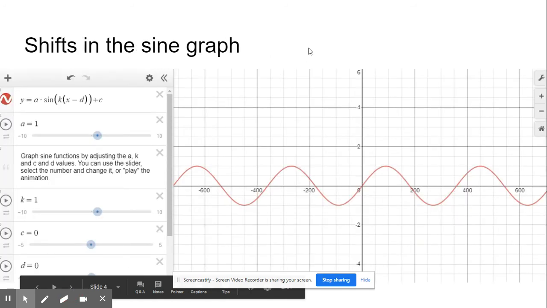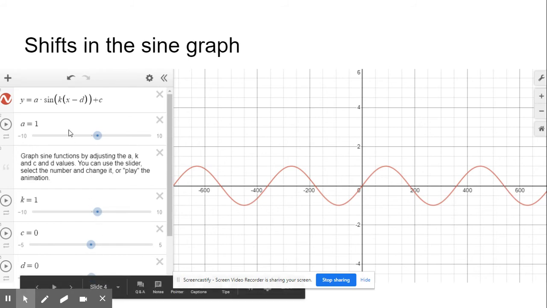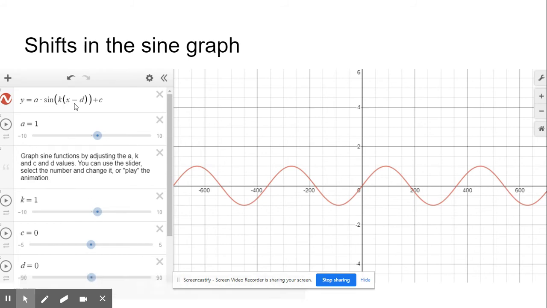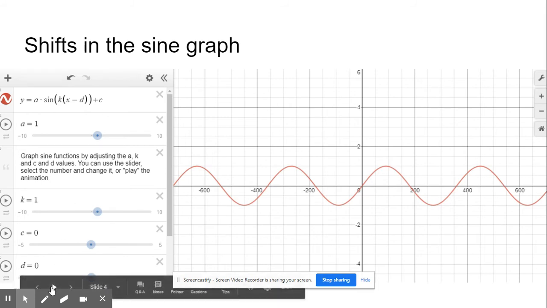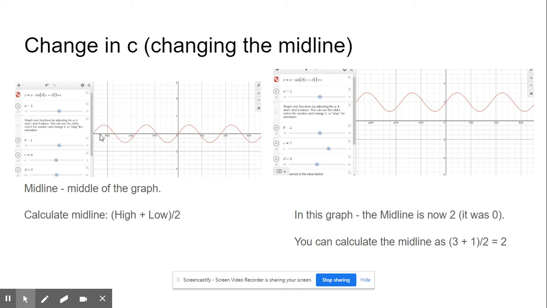So now we're going to explore some shifts in the sine graph. Here is your normal sine graph, where the maximum is 1 and the minimum is negative 1, and it's going on and on periodically. Now we're going to look at what happens if you change some of these values here. If there's a change in C, that's going to impact the midline.